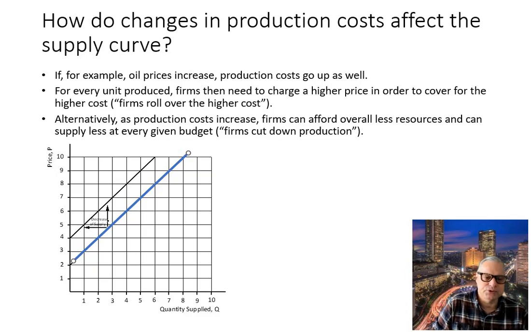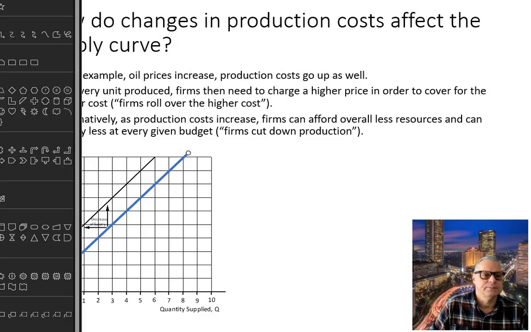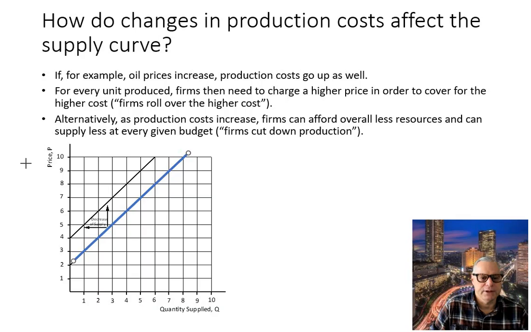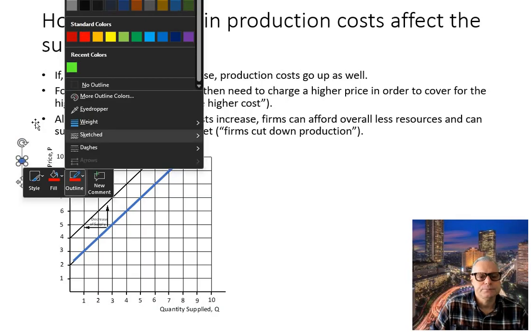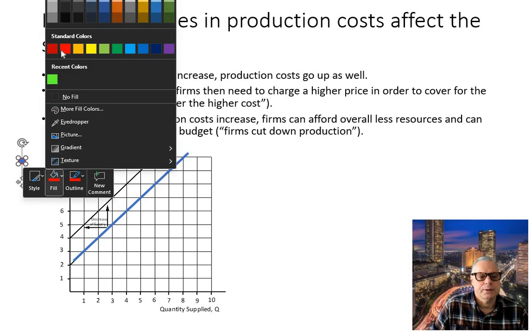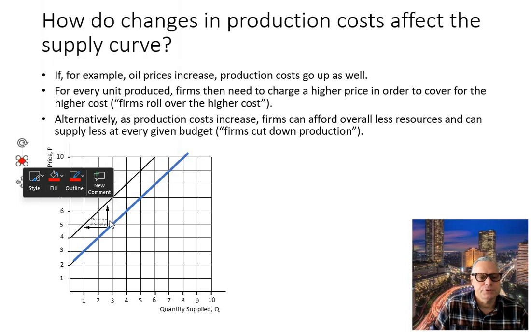total revenue. So let's say that the price is currently 5. So let's quickly identify that point. Let's say we are currently here.